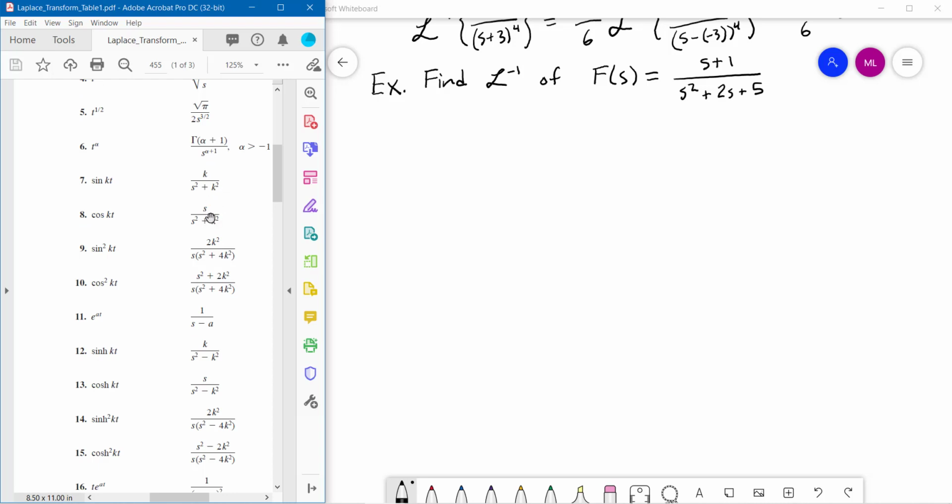Say, oh, this looks kind of similar, right? There's a quadratic in the denominator, and we have a function of s on top. That looks vaguely similar. Some of this is close, but it's not quite all there.